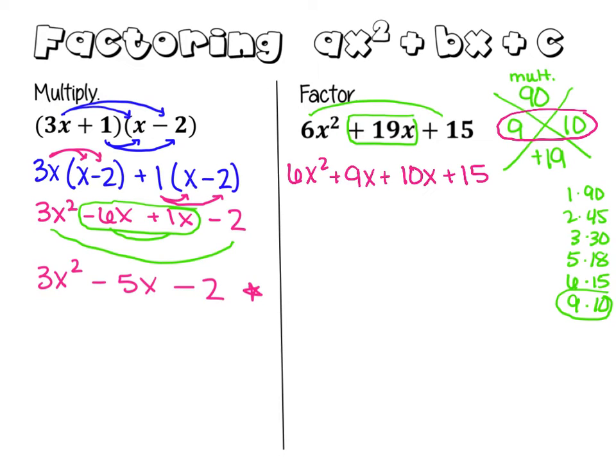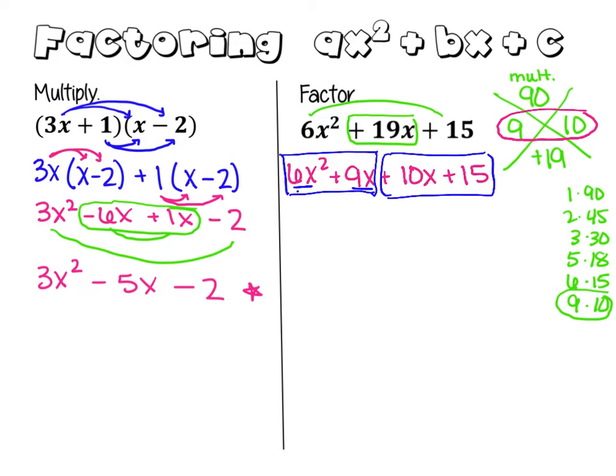And then I treat this like 2 greatest common factor problems. I find the greatest common factor of the first 2 terms and the greatest common factor of the next 2 terms. Okay, so I factor those first 2 terms like its own problem, and the second 2 terms like its own problem. So what is the biggest thing I can divide 6x squared and 9x both by?